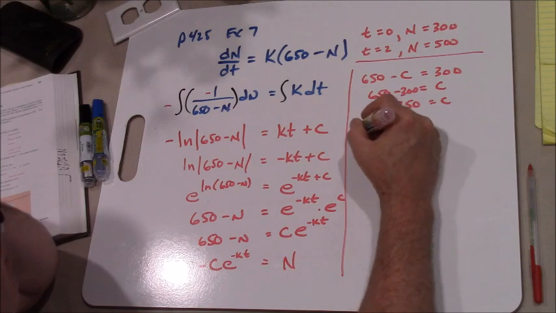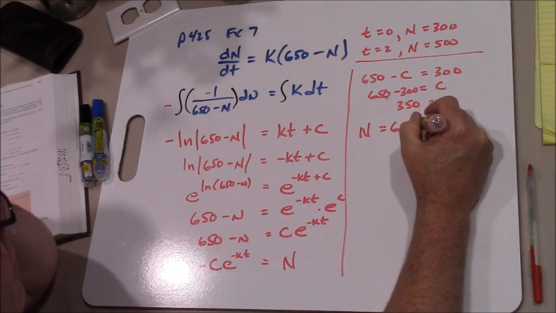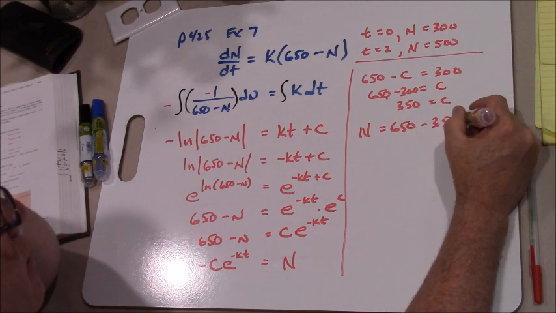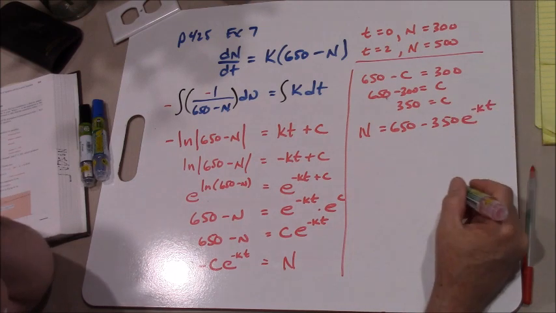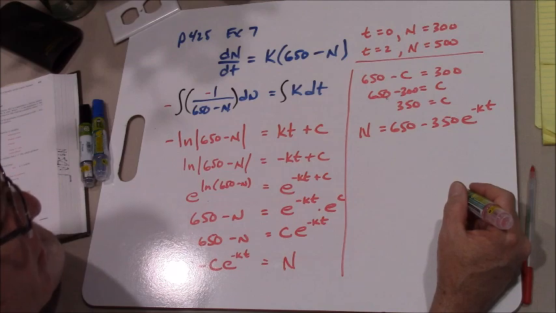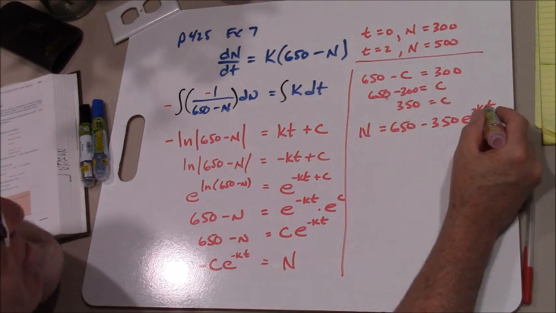So here's what we know now. We know that n equals 650 minus 350 times e raised to the negative kt. Our ultimate goal here is we're trying to answer the question, what's the population when t equals 3? So I can't just plug a 3 in yet.